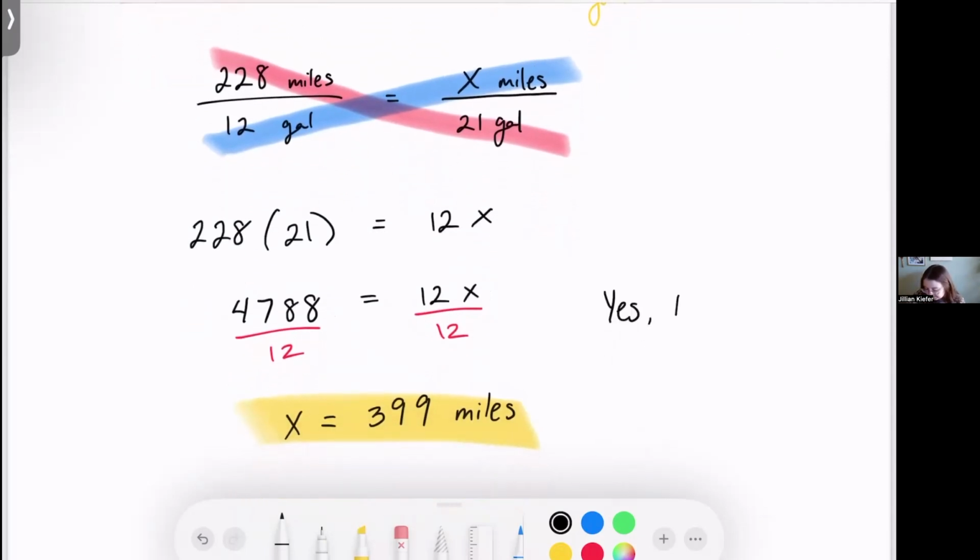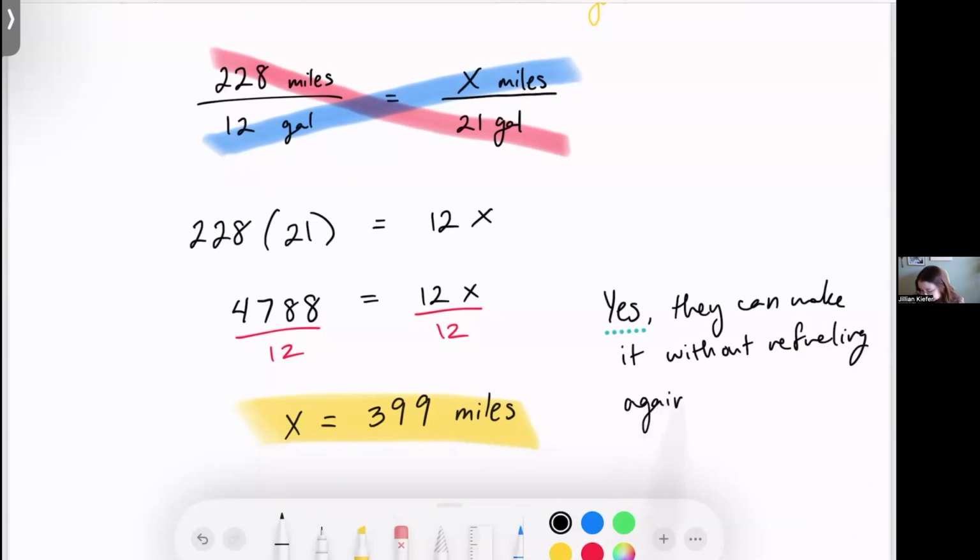Yes, they can make it without refueling again. And there we go. So the answer is yes, we made it.